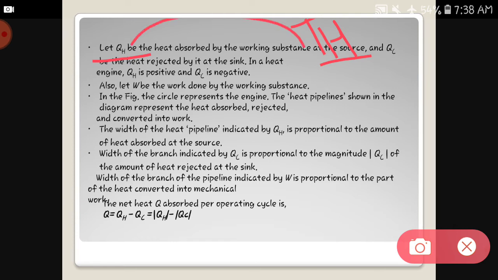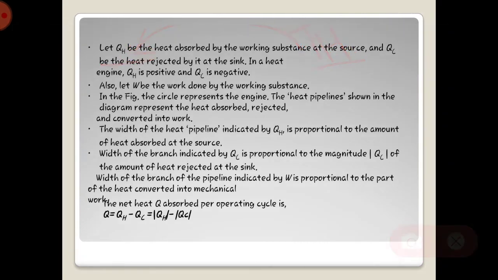That's why we are calling that heat QH, because it is for the hotter one, that's why H is there. Now the next is QC. QC is the heat rejected and given to the sink.